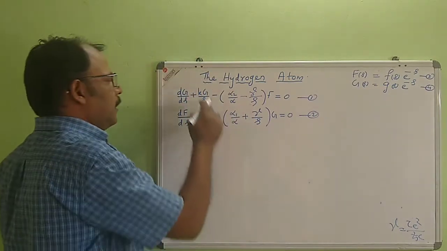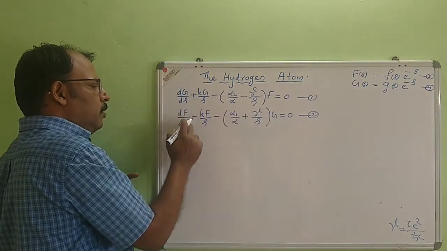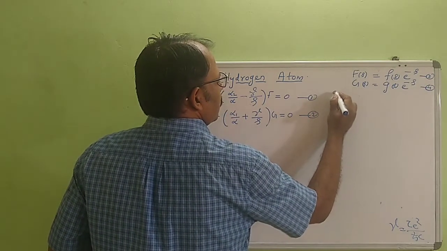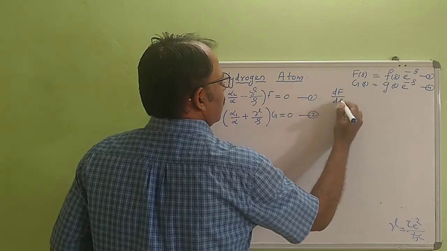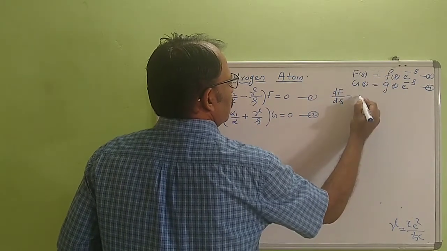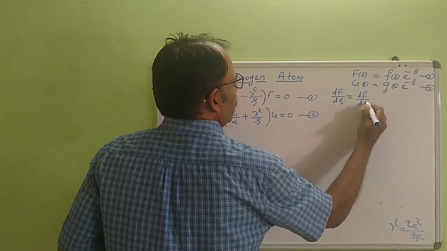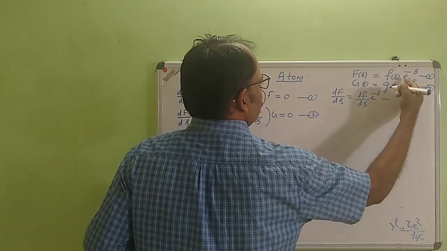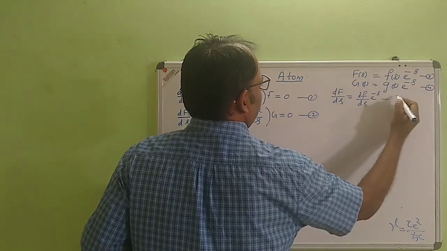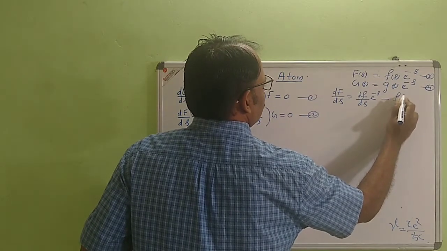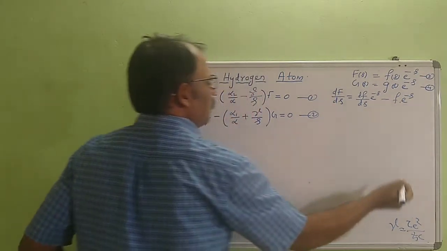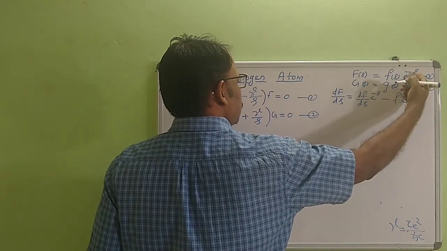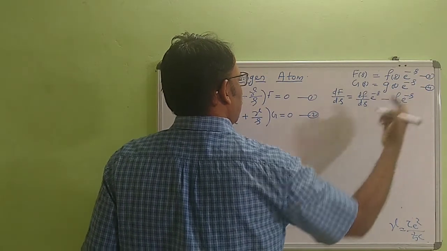In this equation we are having g, f, then dg by d rho, df by d rho. What is df by d rho from this solution? It will be df by d rho e raised to minus rho, plus f into the differential of e raised to minus rho, which is minus 1 into e raised to minus rho.